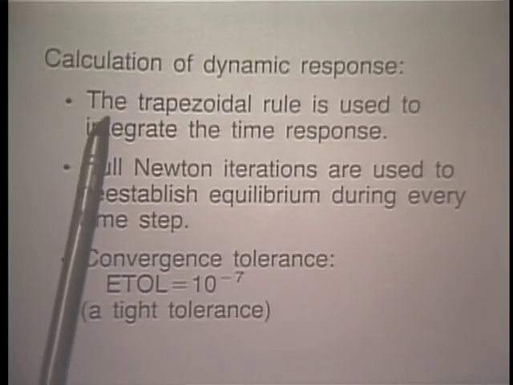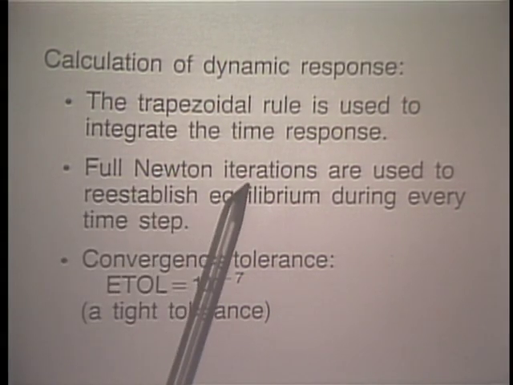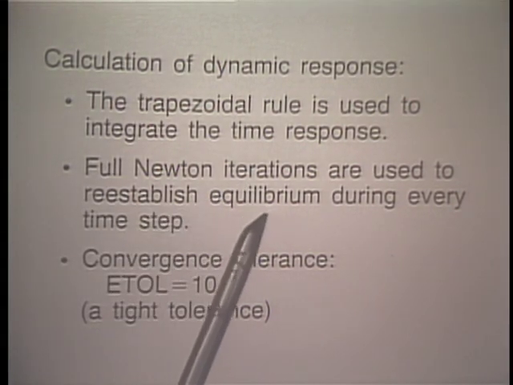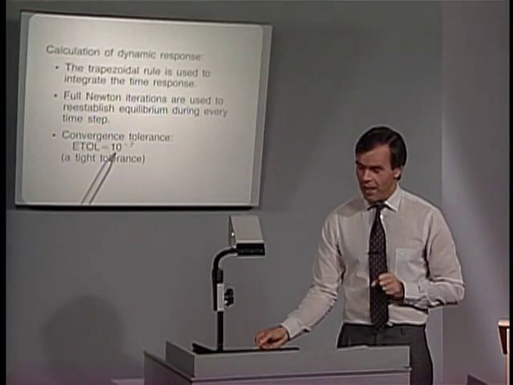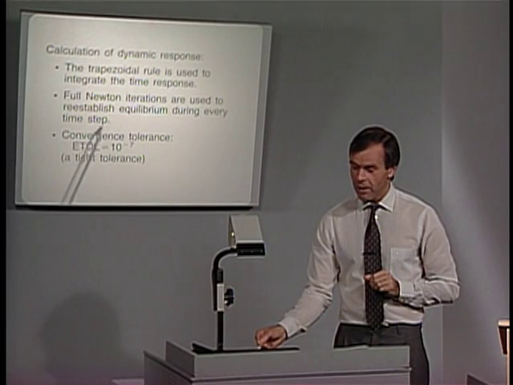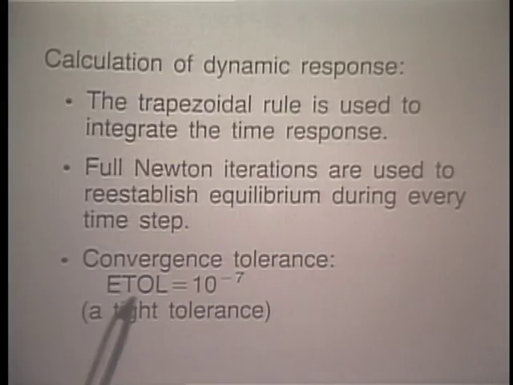The dynamic response that we want to calculate is obtained using the trapezoidal rule, and we are using full Newton iterations to establish the equilibrium during every time step. The convergence tolerance that we use, and I have to refer you now to our earlier view graphs regarding convergence tolerances, is ETOL equal to 10 to the minus 7. We talked about what ETOL is in an earlier lecture.